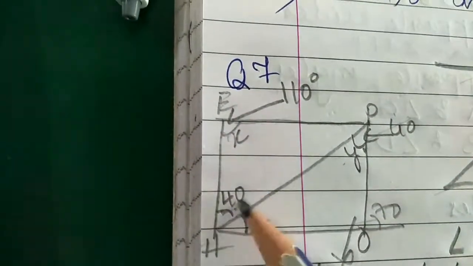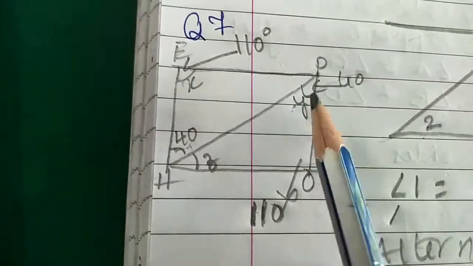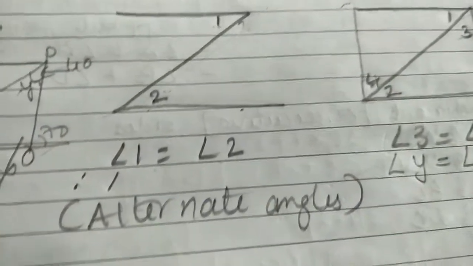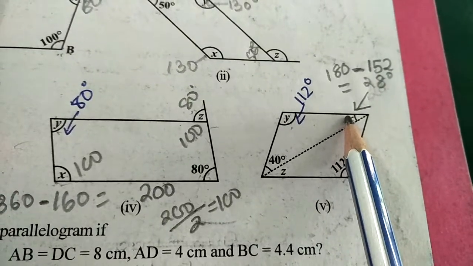Now this is 40, this is 110 and this is 40. Angle 1 is equal to angle 2, so these 2 angles are equal and these 2 angles are equal. So we now have to find out only one, that is this.